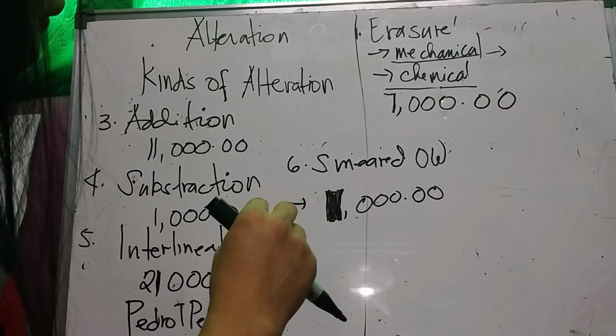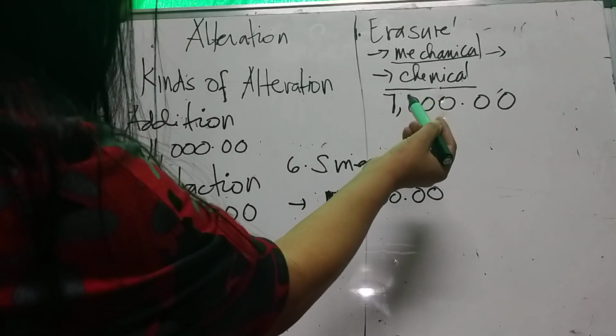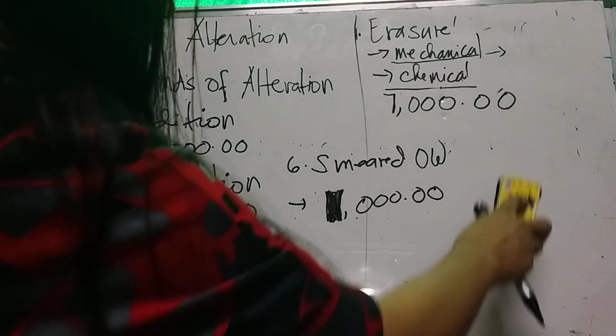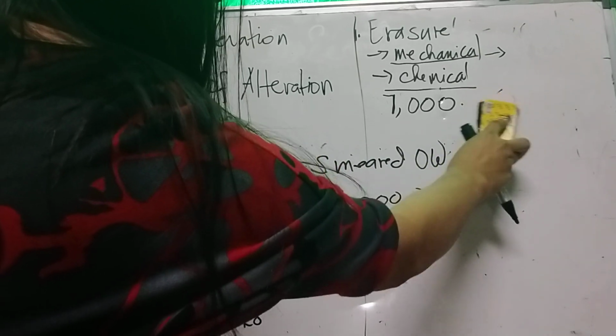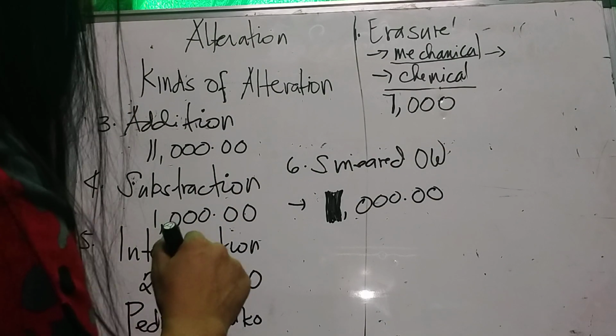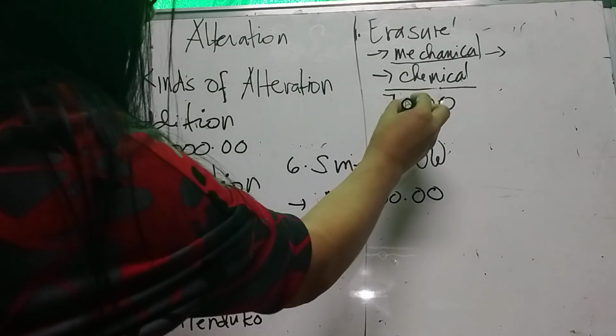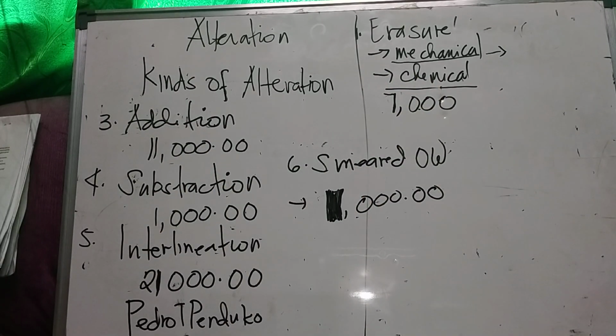Ang ginawa mo para ma-i-apply mo yung mechanical at chemical erasure is you erase the last two zeros and even the dot. Tapos, saan ka na nag-dot? Ang nangyari ay dito ka na nag-dot. So, ang dating 7,000 nagiging 70 pesos na lang.